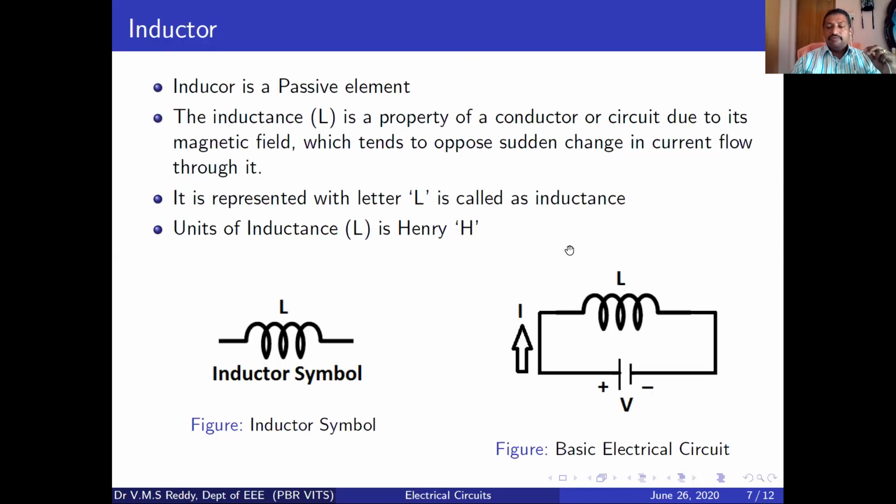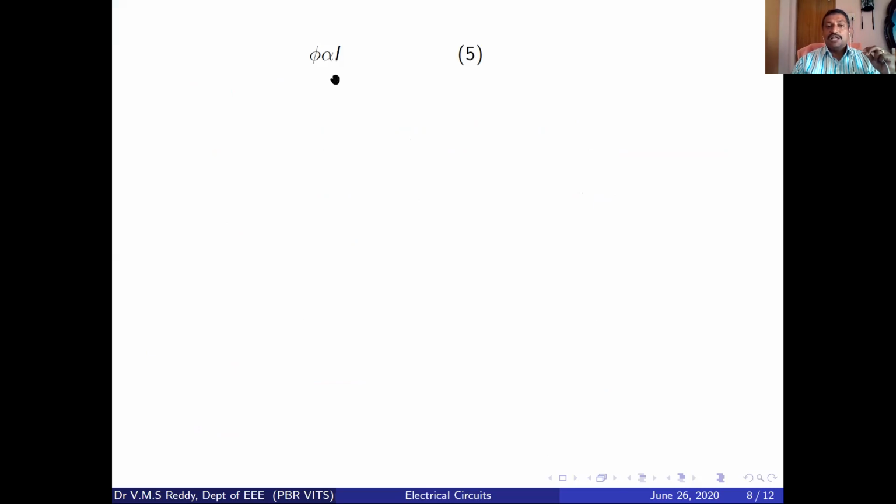Whenever we give this excitation, current flows to this inductive coil, producing magnetic flux. That magnetic flux depends on the current. The flux is directly proportional to the current. If the current is 1 ampere, for example, 10 flux are produced. Current is 2 amperes, 20 flux are produced.